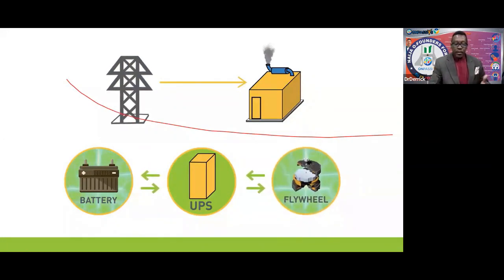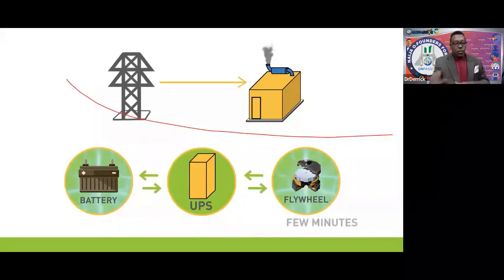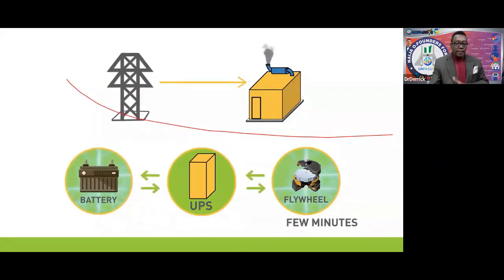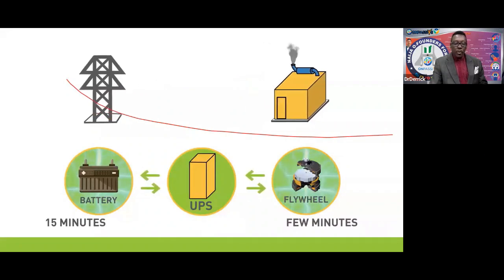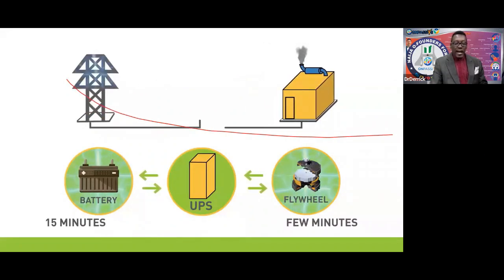When the power grid comes back on, it switches off the generator automatically and also sends a charge back to the UPS to charge it back up, and then everything runs normally in that data center.